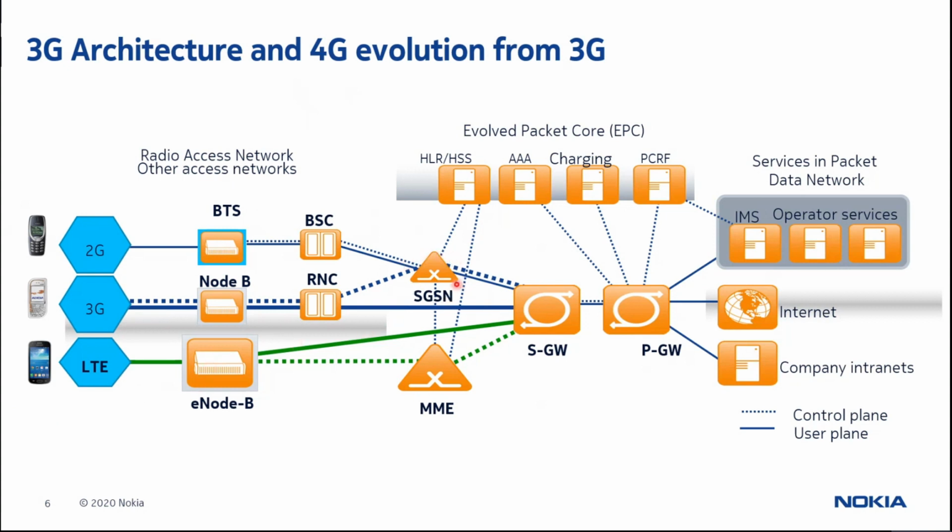So how does SGSN do that? SGSN fetches this information during the initial network attach for the mobile phone. Whenever a subscriber tries to access the network, SGSN fetches that information from the HLR or HSS, as you would call them nowadays in the LTE network. So HSS or HLR is an entity which acts like a permanent database for the subscribers whenever they procure services through a SIM card.